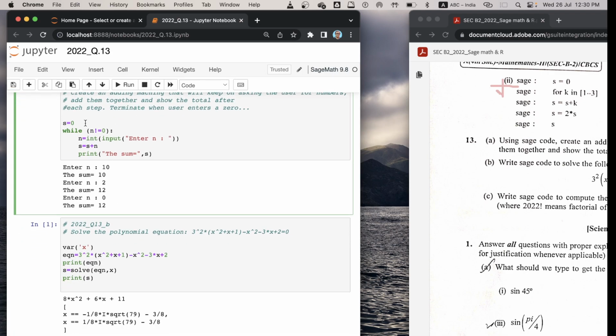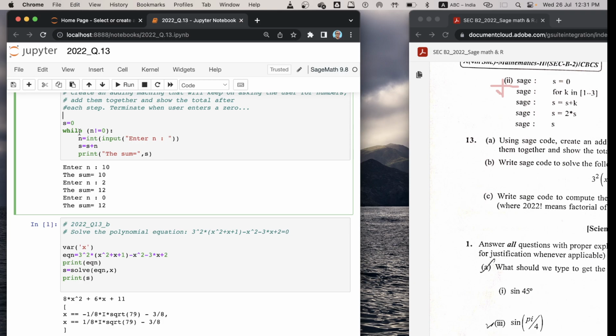Set s equal to 0, then while n is not equal to 0, colon. Then give indentation, so this loop is within the while loop. Put an indentation tab here, n equal to integer input, integer n.